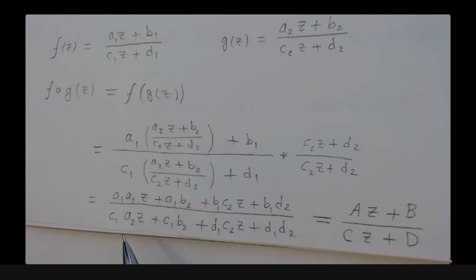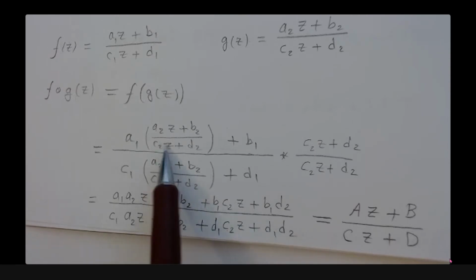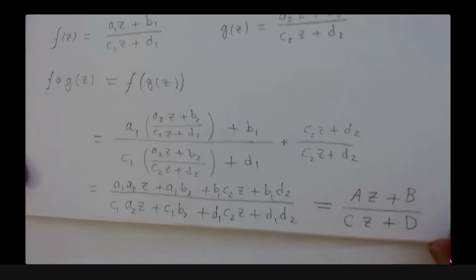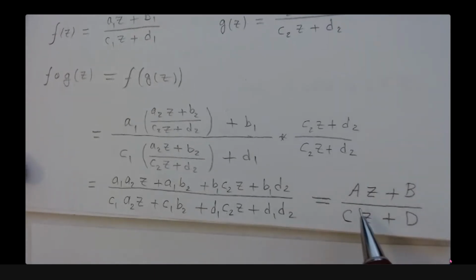Just multiply top and bottom by this denominator C2z plus D2, okay? And after simplification, again, you're getting a linear fractional transformation, right? So, observation number 3 is that if we compose two linear fractional transformation, the result again is going to be a linear fractional transformation, right?